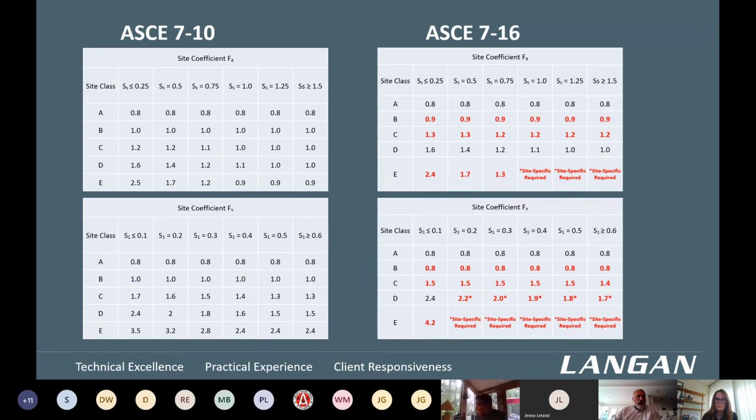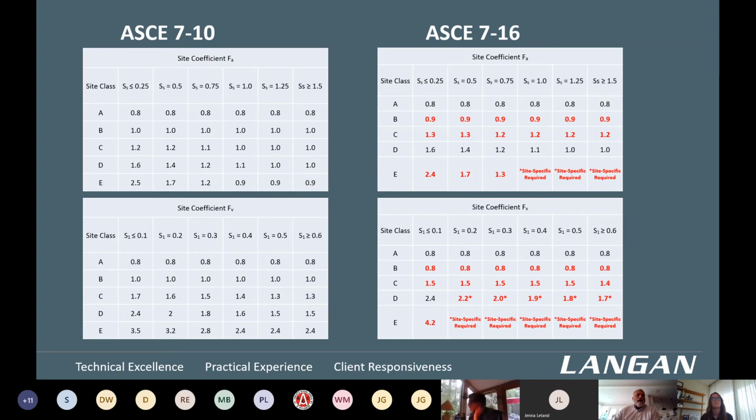And you can see by and large, the numbers have somewhat increased in the short periods for stiff soil conditions, like a C-class condition. And also, more importantly, they have also increased in the long periods, which is really important for taller structures.